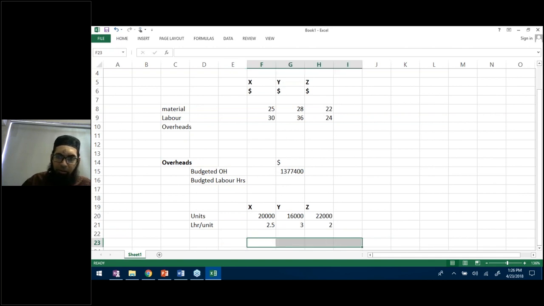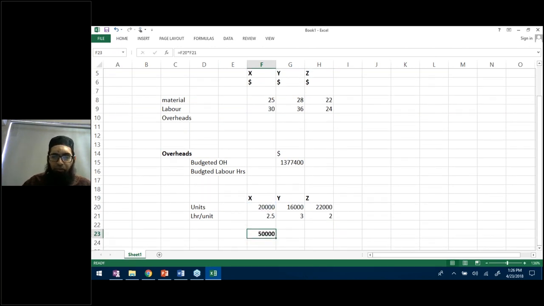Now if I multiply the units with the labor hour per unit, I will have the answer. I will simply copy and then paste it to the next two columns, and I have the answers of labor hours.